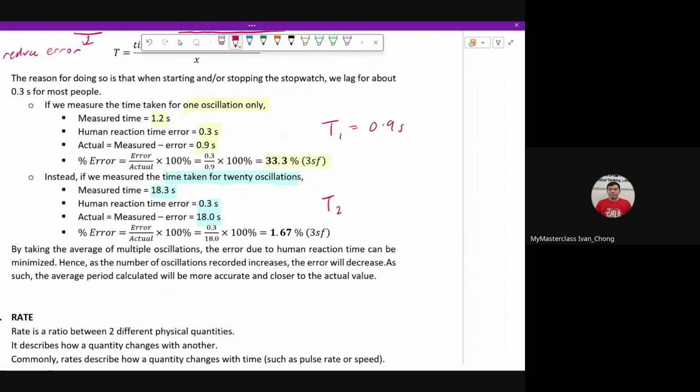Then for this one, we'll take 18.0. You can see the error is much more significant. This actual is supposed to be 0.9, but you measured 1.2. Okay, so same thing. And for the one below, instead, 18.3, we divide by 20.